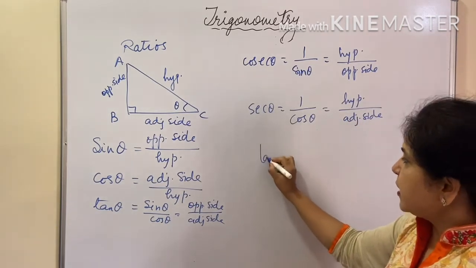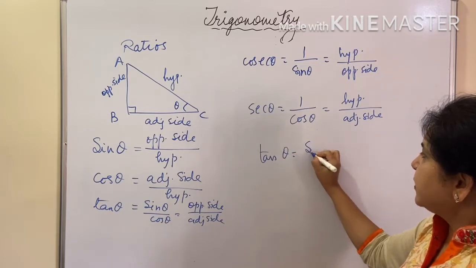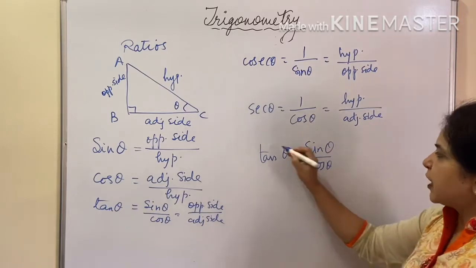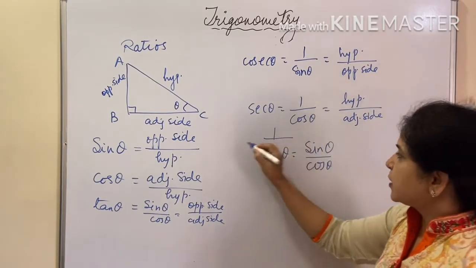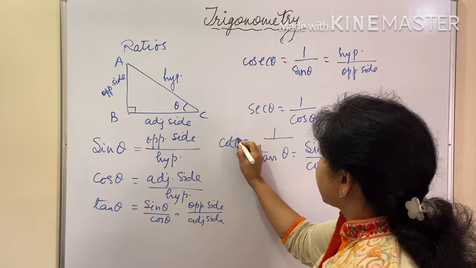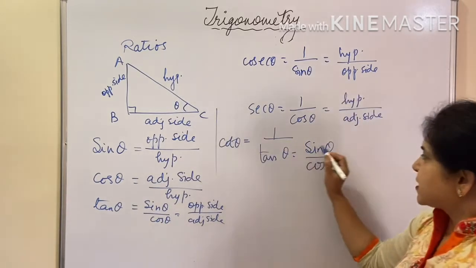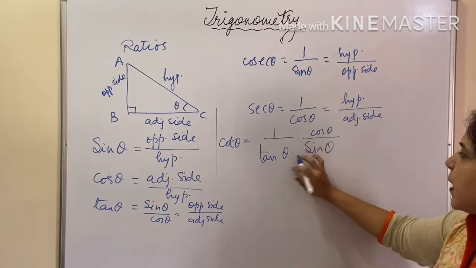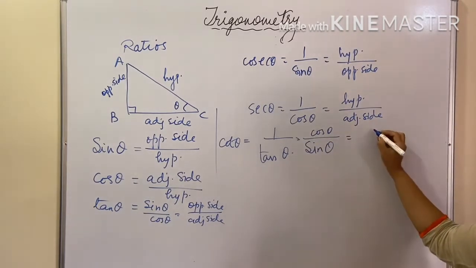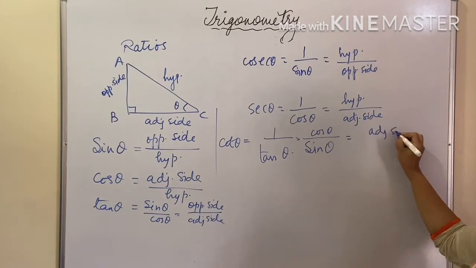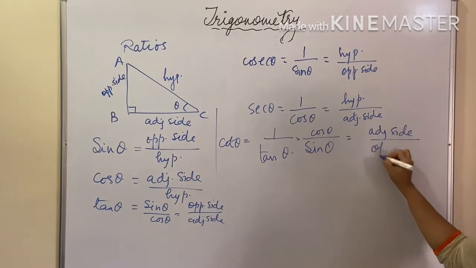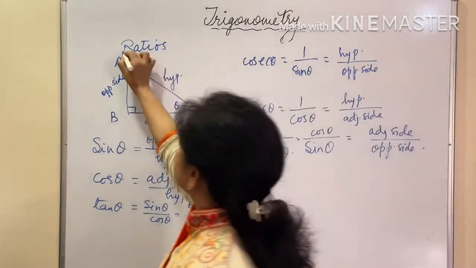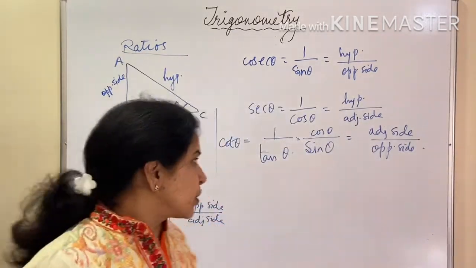And tan theta is sin theta by cos theta, and reciprocal of tan theta is cot theta. Cot theta is 1 by tan theta, so cot theta is cos theta by sin theta. That is adjacent side by opposite side. So this is about trigonometric ratios.